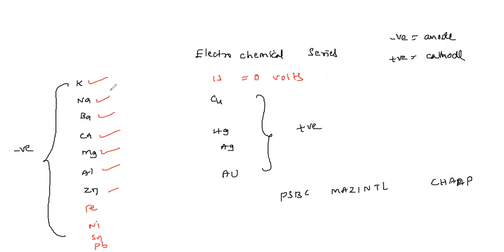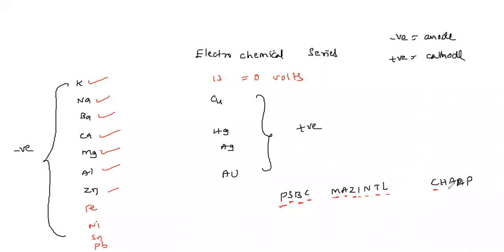Potassium, sodium, barium, calcium, magnesium, aluminum, zinc, iron, nickel, tin, lead. Here hydrogen is neutral.